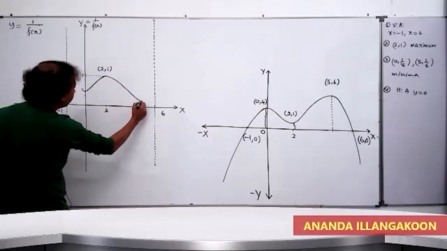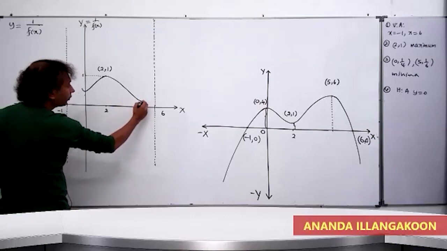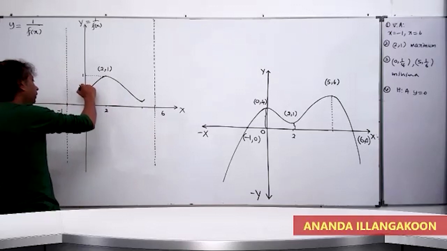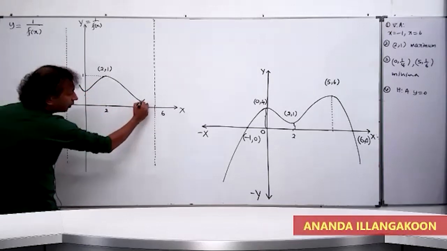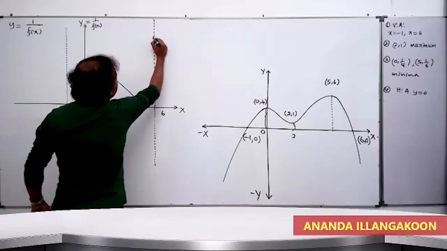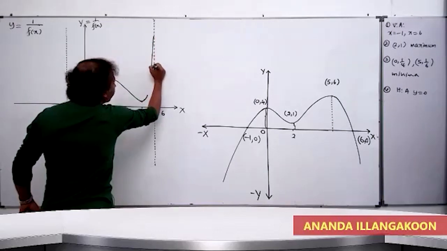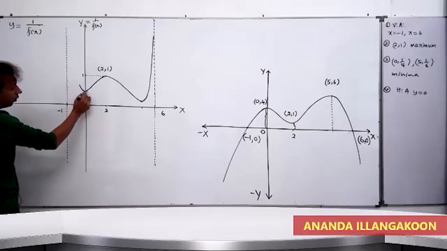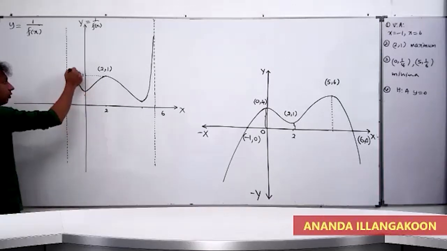Now you can very clearly understand. In order to keep a minima here, this branch should go this way. So when we go closer to this 6, it should be this way. Here we have to keep a minima. Then this branch should be moving in this direction.